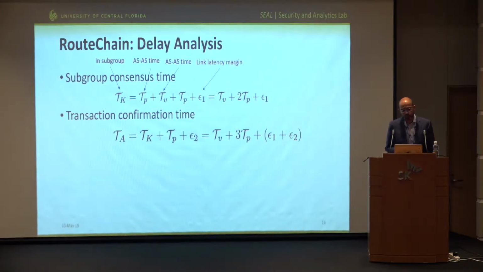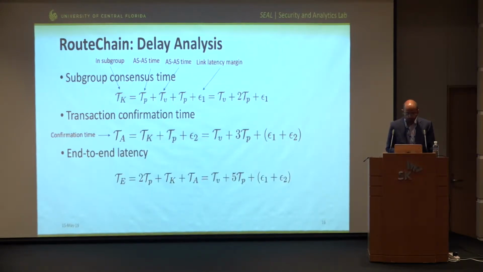As for the transaction confirmation time, TA, it's also defined in terms of the in-subgroup latency as well as the AS to AS latency with some link latency margin. It can be simplified into TV, which is AS to AS time. And then finally, the end-to-end latency can be expressed by combining the above two quantities.